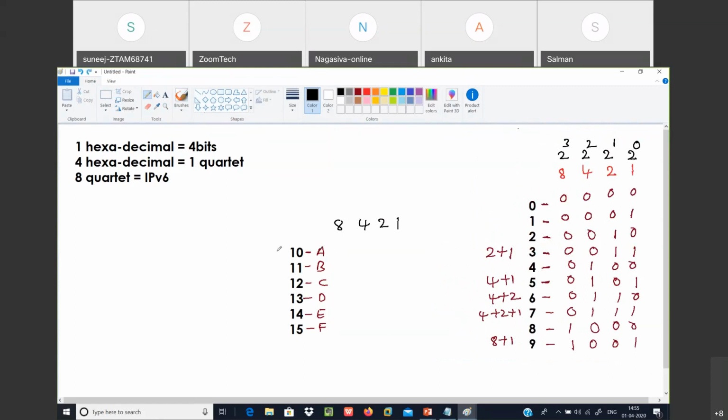Means 8 plus 2 is 10. Means 8 is on, 2 is on. Remaining bits are off. What about B? 8 plus 2 plus 1 is 11, right? Means 8 is on, 2 is on, 1 is on. See, 12 is 8 plus 4, right? 13 is 8 plus 4 plus 1. 14 is 8 plus 4 plus 2. Finally, 15 is 1, 1, 1, 1.